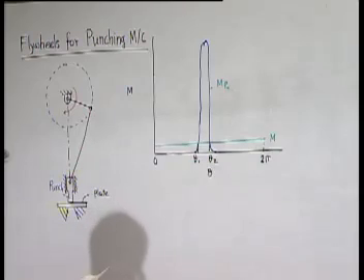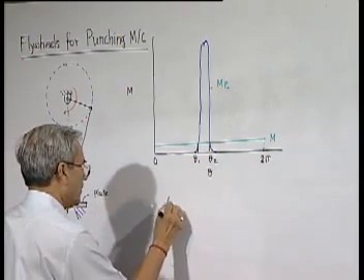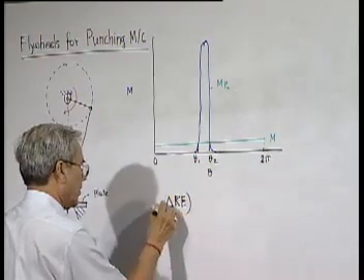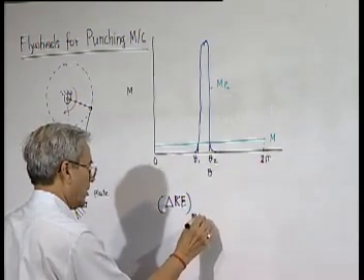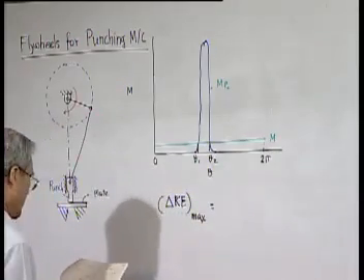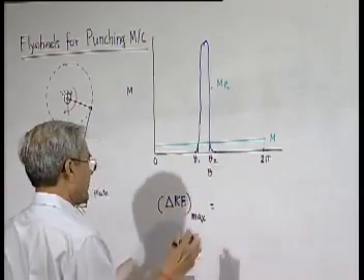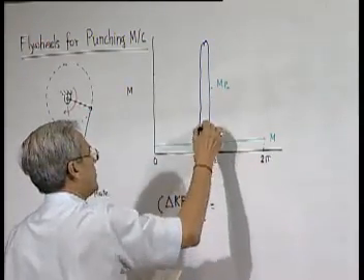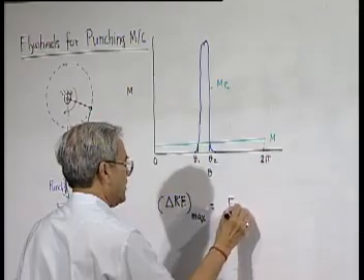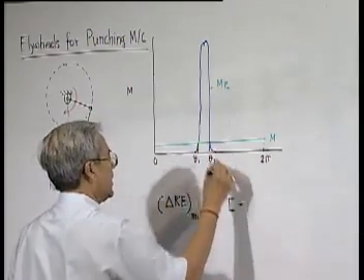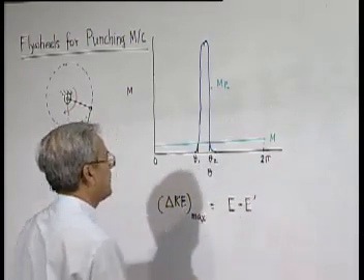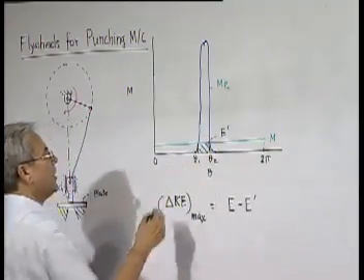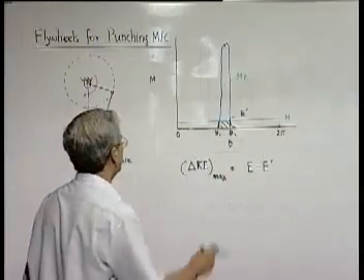So what we can do here is that the maximum fluctuation of energy can be written as, if you call this total amount of energy as E, minus the amount of energy here, which you can call as E prime. That means this is E. So this is the fluctuation.